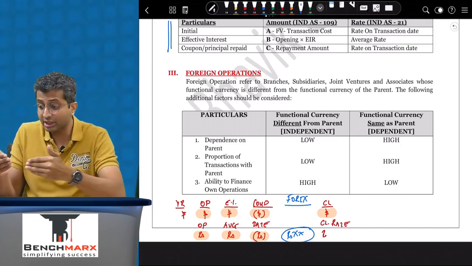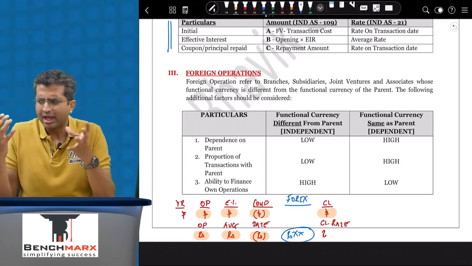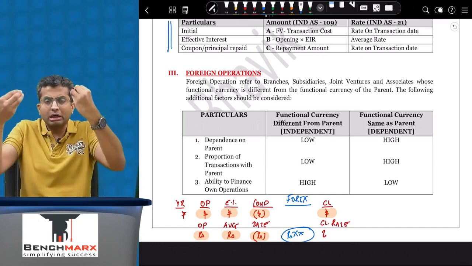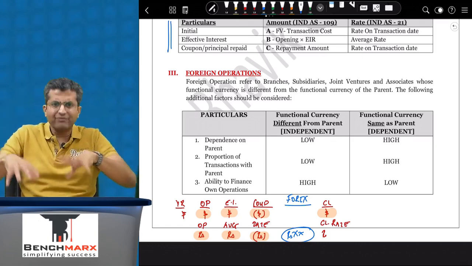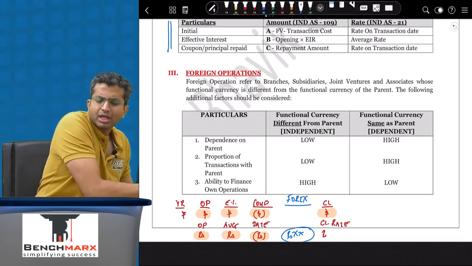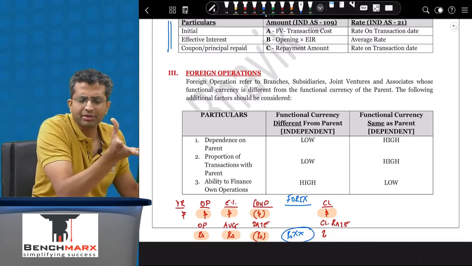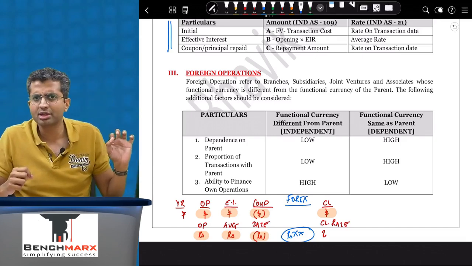Sir, why are you discussing this? Well, because the law over here thinks that JLR is going to earn in pounds, have its assets in pounds, and keep everything in pounds only. It is not going to repatriate anything back into rupees. It might give you some dividend here or there, but largely it is not going to repatriate anything back in rupees.